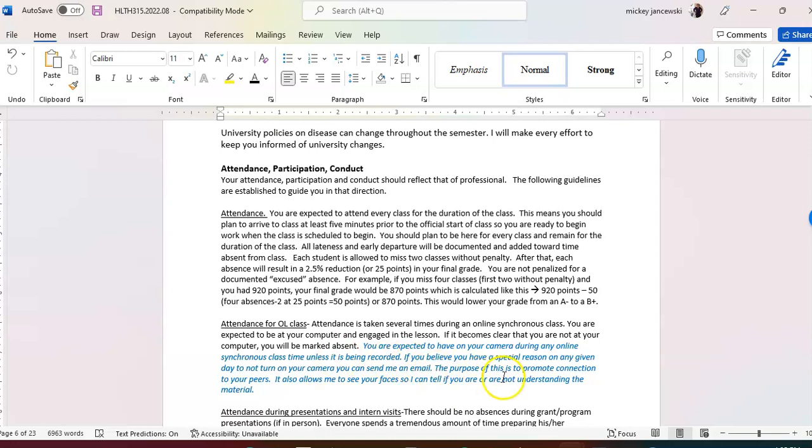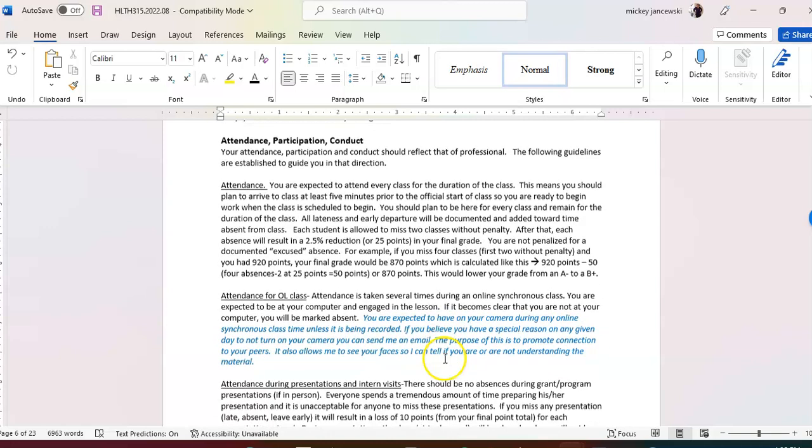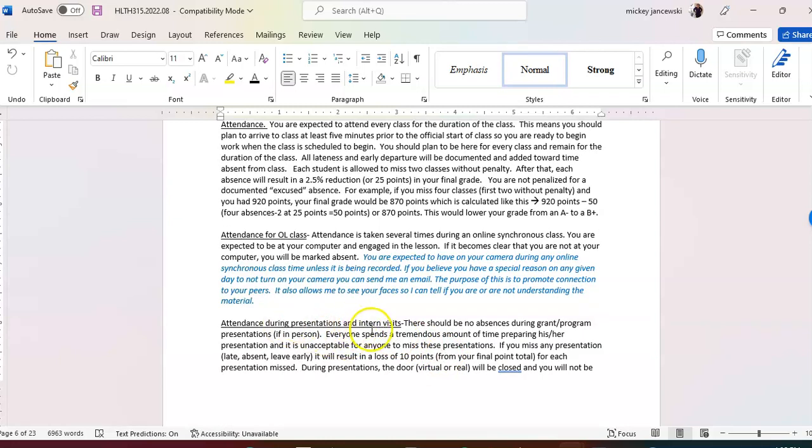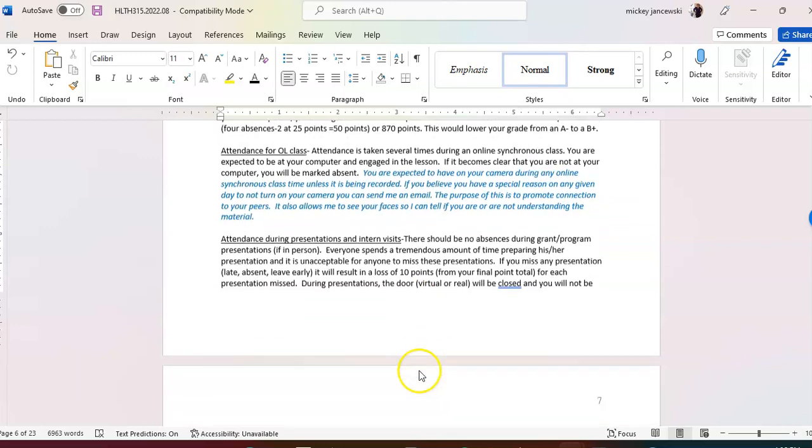If you feel that you have a special reason on any given day to not have on a camera for your synchronous class, you can send me an email for that class that one day, and I will approve it if it's reasonable. We have presentations and intern visits, and when those happen, you cannot miss time.